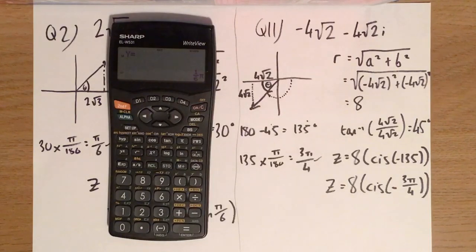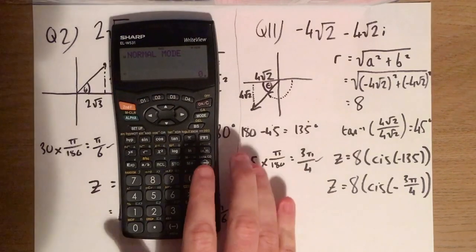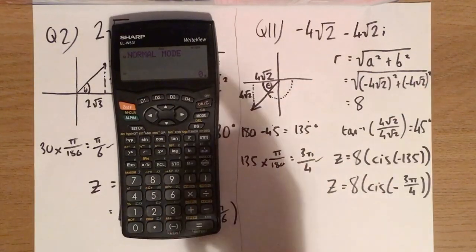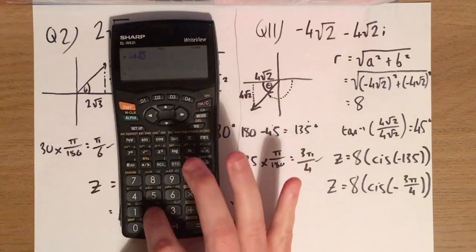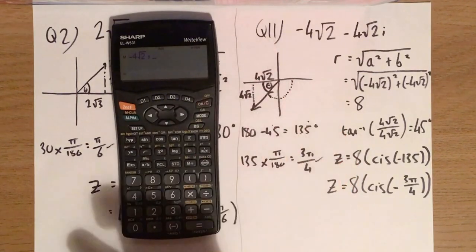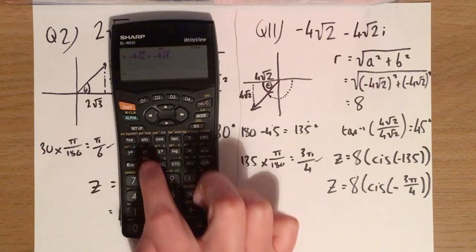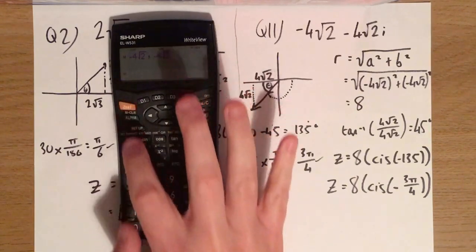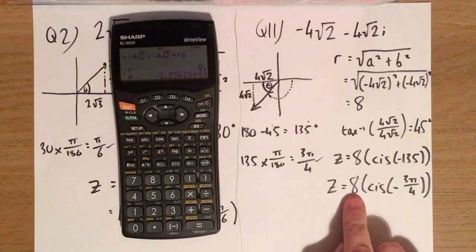I'll just do one more of these. So I did minus 4 root 2 minus 4 root 2i. This is in radians mode, so let's do it that way first. So minus 4 root 2 xy minus 4 root 2, second function 8, and I get 8 as my modulus, which is what I expect.